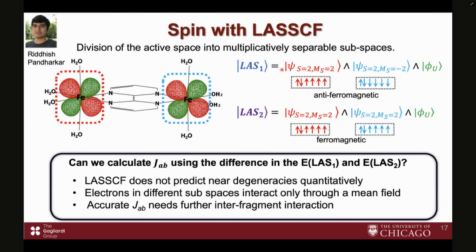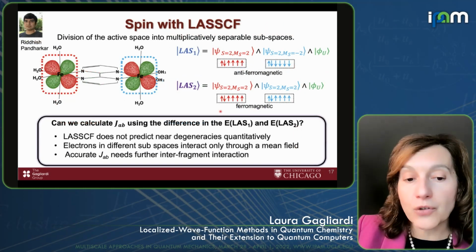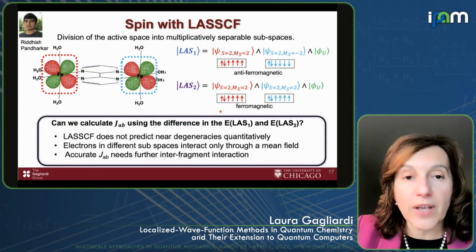And so the question is, could we compute J by taking the difference between the energy of these two states? But the problem is that as I said before, LASSCF does not predict near-degeneracies in a quantitative way, because if you have these electrons in two different pockets, in two different subspaces, they interact only through mean field, and instead we need this interfragment interaction to get accurate values for J.